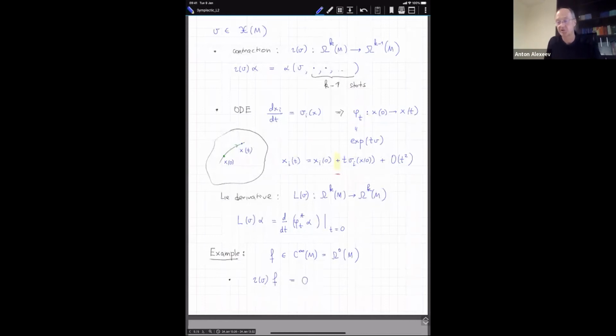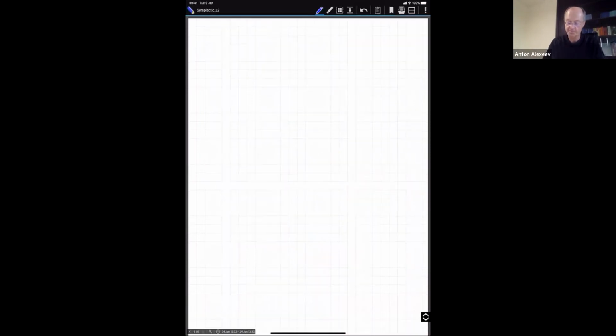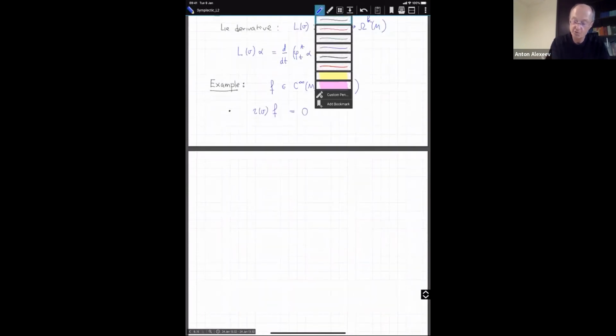Because a function is a 0-degree form. There is nowhere to substitute your vector field. So this settles the matter. Now, a more advanced exercise.